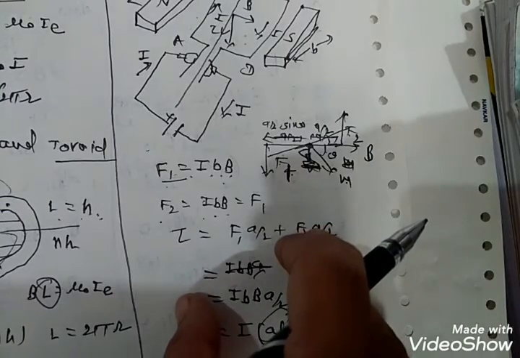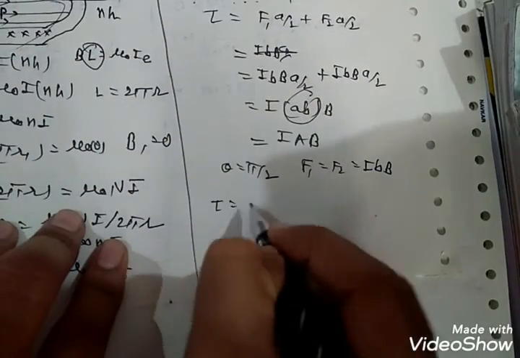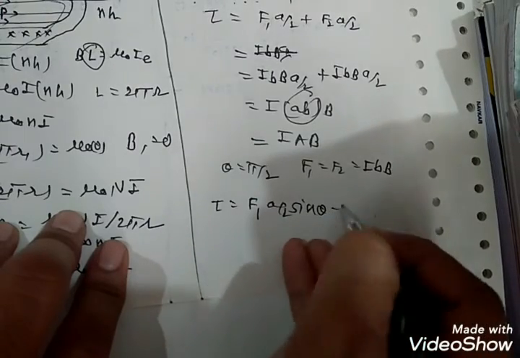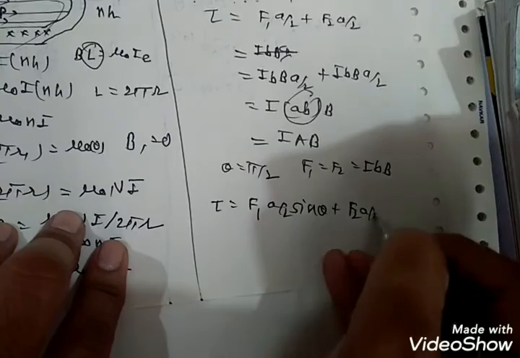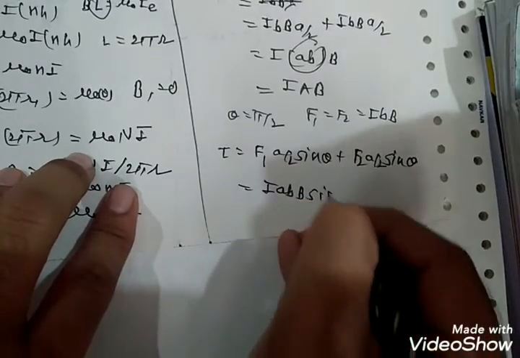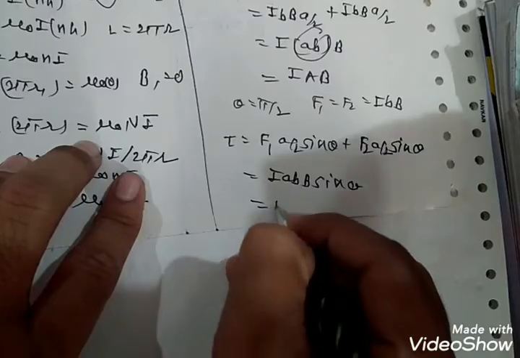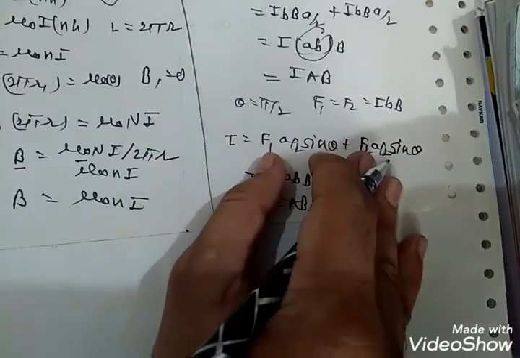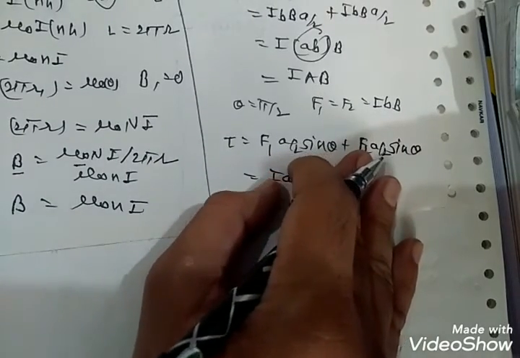The magnitude of the torque on the loop is tau equal to F1 times A by 2 sine theta plus F2 times A by 2 sine theta. So tau is equal to I A B sine theta.